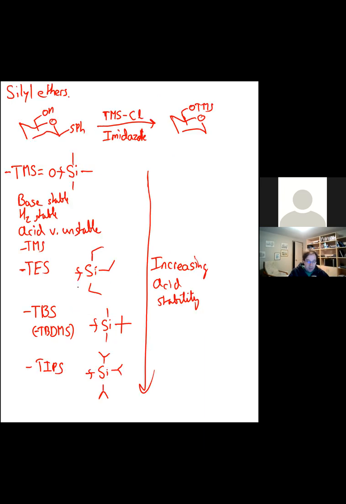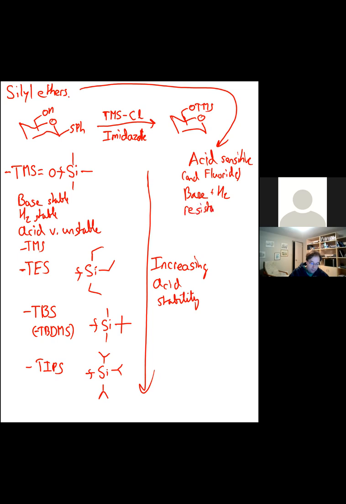I'm sorry, I'm just going to make the comment here because I did that for all of them. Acid sensitive and fluoride. Base plus hydrogen resistant.